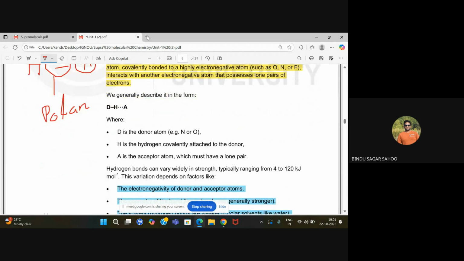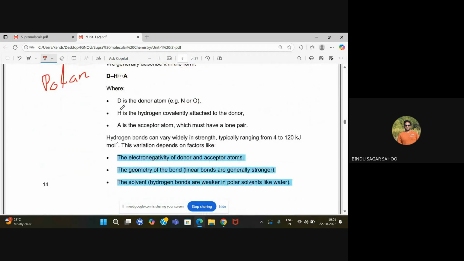And A is the acceptor atom, which must have a lone pair. So the positive center of this side component will interact with the negative center of another molecule, and this type of hydrogen bond can form. A is the acceptor atom, which must have a lone pair, D is the donor atom, and H is the hydrogen atom.